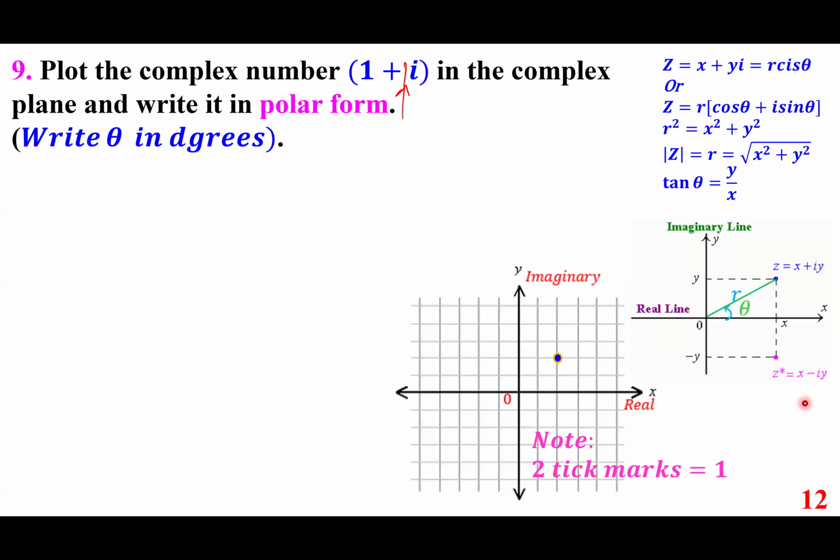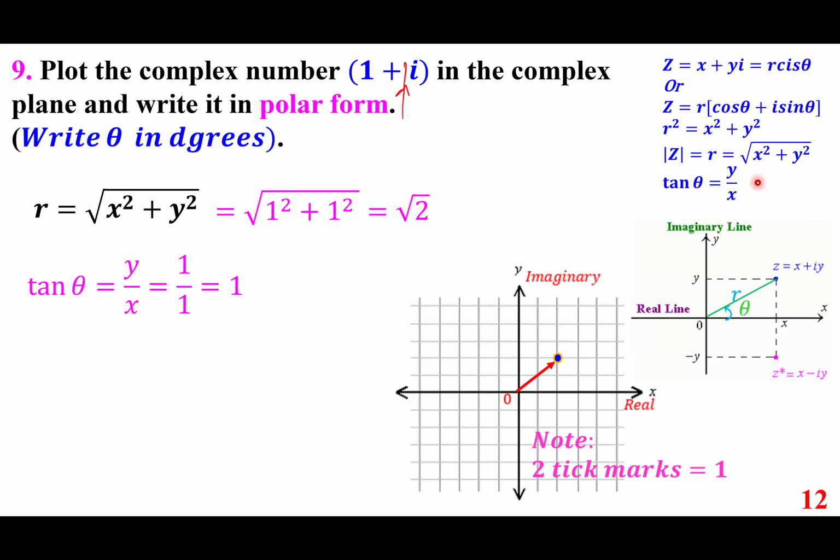So we plot it, and now we want to write it in polar form. First, we have to find r. R is the square root of x squared plus y squared. So 1 squared plus 1 squared gives us 2. So it's square root of 2. Tan of theta is y over x, 1 over 1, or simply 1. Therefore, theta is 45 degrees.